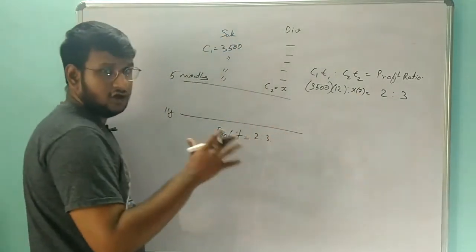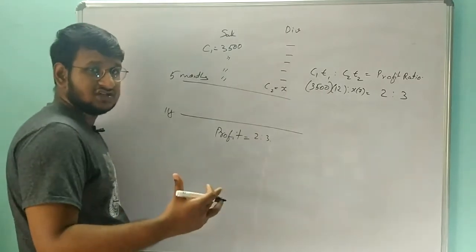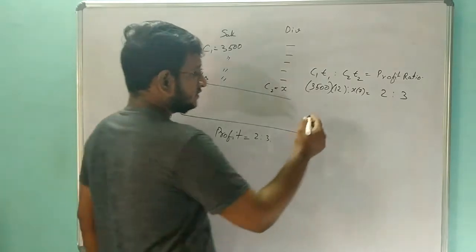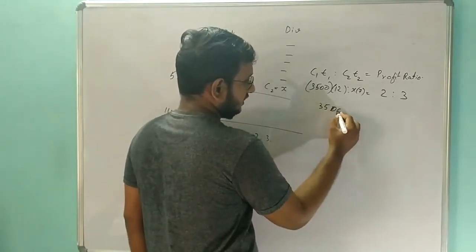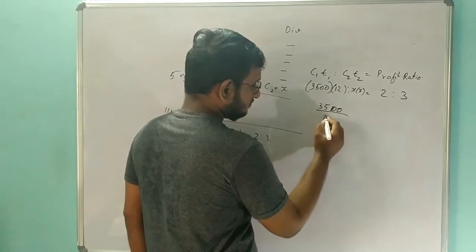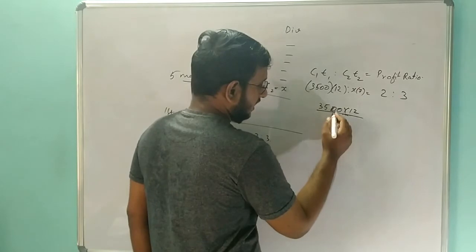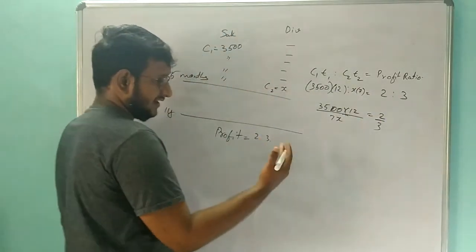Since there is a ratio, we can convert it into a division, because a ratio is a comparison of two numbers with respect to division. So we can write this as 3500 into 12 divided by 7x is equal to 2 by 3, right? We can write like this.